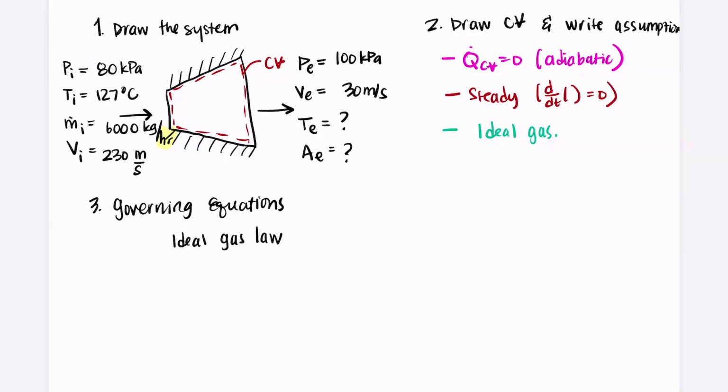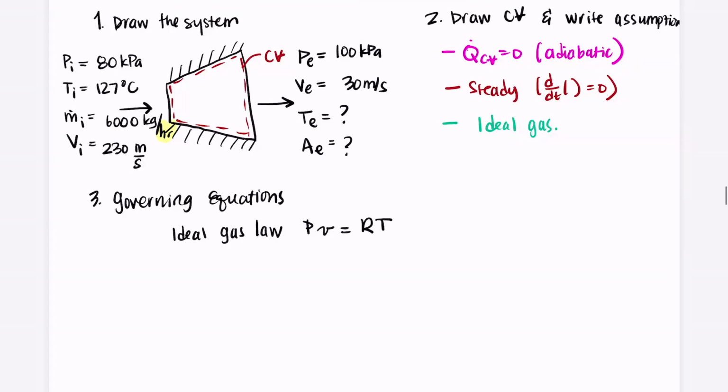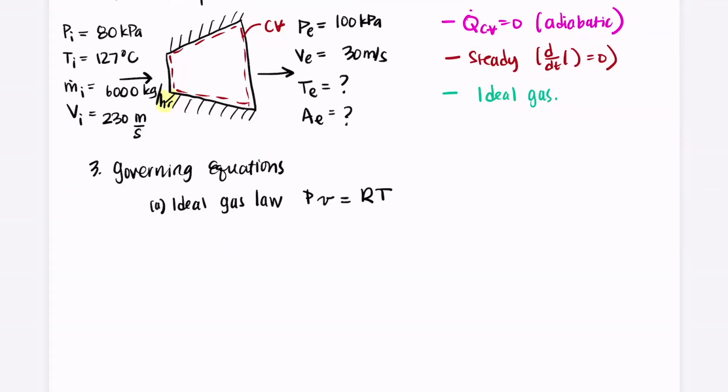So we have P times specific volume is equal to R times T. That's our ideal gas law. So I'll call that equation A. We're also going to need conservation of mass, maybe. And we also need conservation of energy.